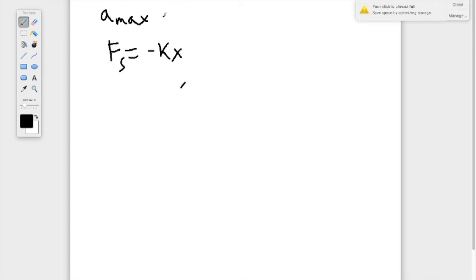You're given k, and then x, and then you're also given m. So you get negative kx equals m a max.